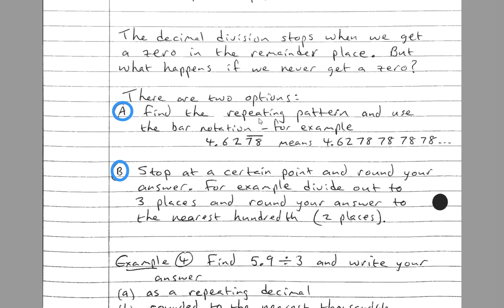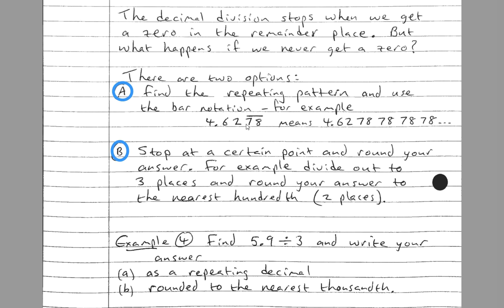If you find a repeating pattern, then you can use the bar notation. For example, suppose that when you did the calculation, you kept getting 7s and 8s, so 7, 8, 7, 8, 7, 8.